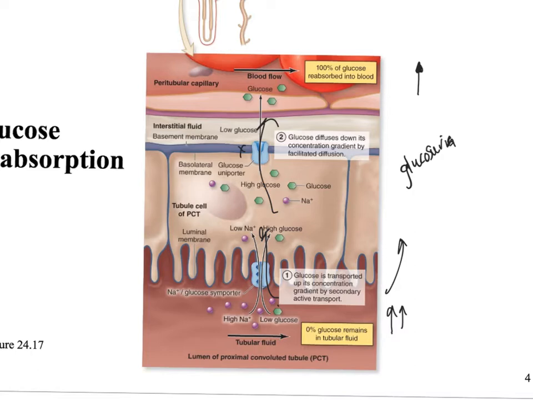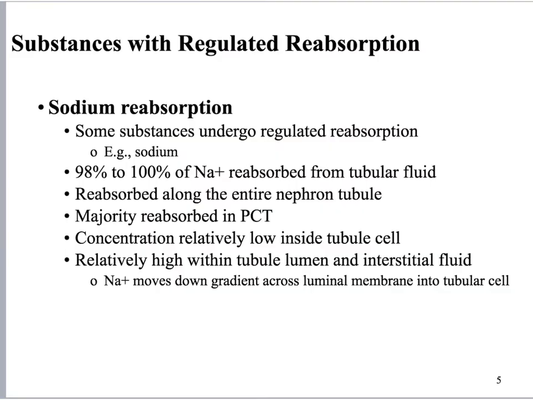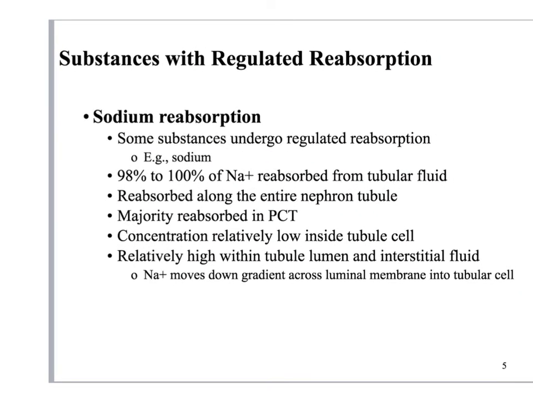Nutrients, glucose, amino acids, proteins. Protein should be reabsorbed as well. So that's pretty straightforward, those substances that are 100% or freely reabsorbed. They go by those transporters, and only if there's an abundance of them in the blood would they not be reabsorbed. Then you would find some of those substances present in the urine.